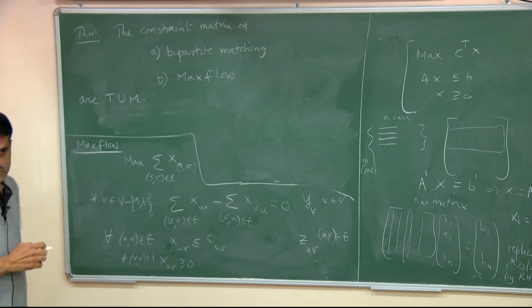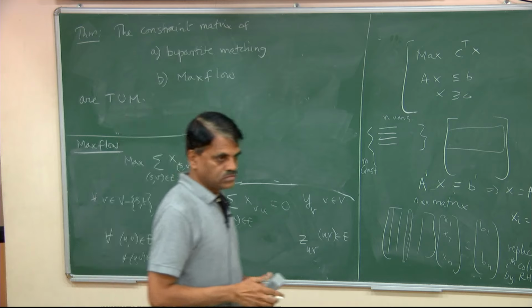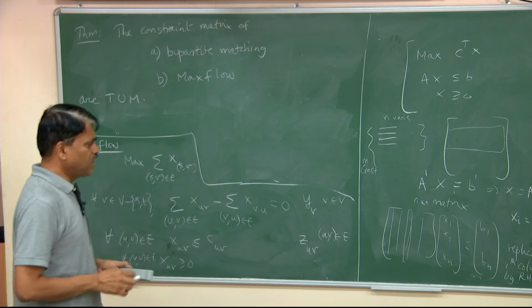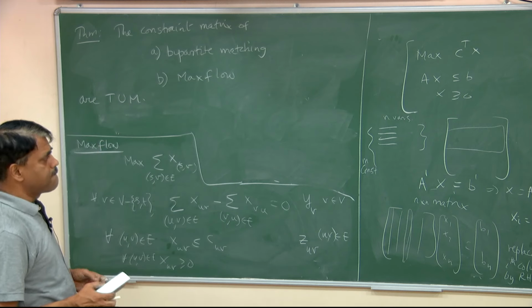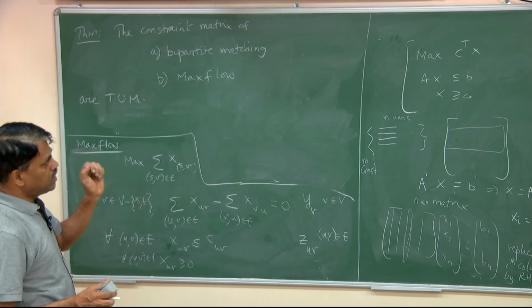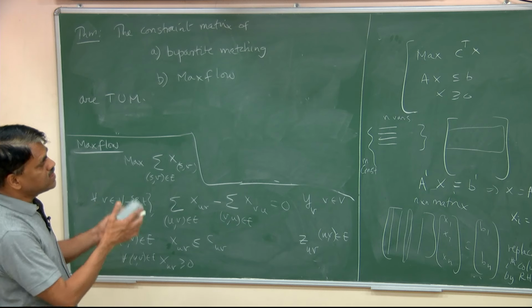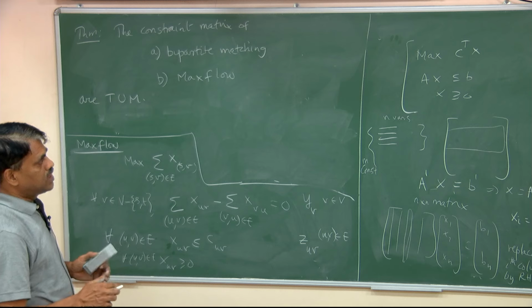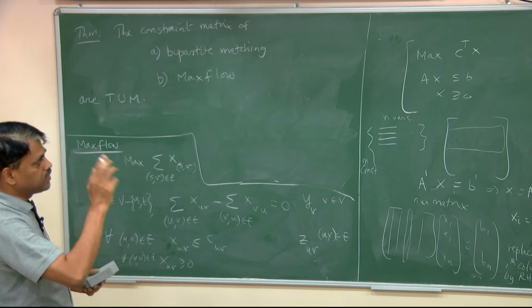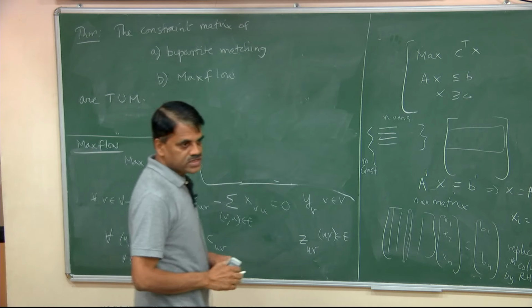So these should be integral. A is anyway, we already ensure that entries are 0, plus or minus 1. The B values, the right hand side, should be integers.